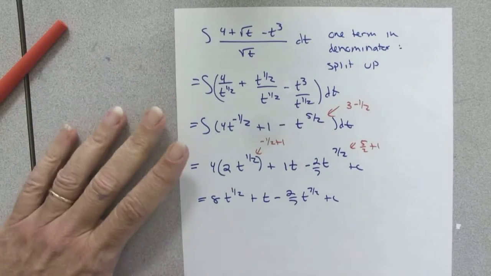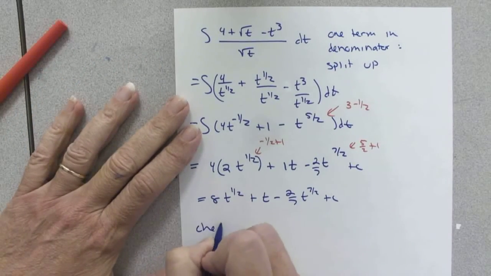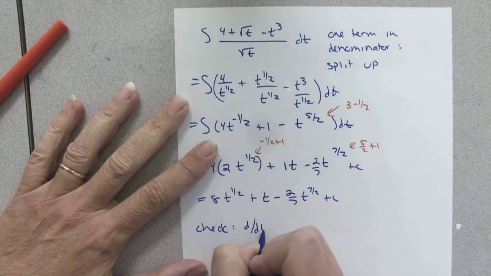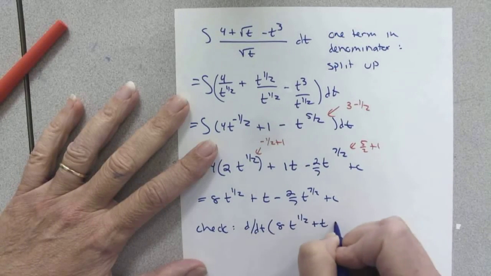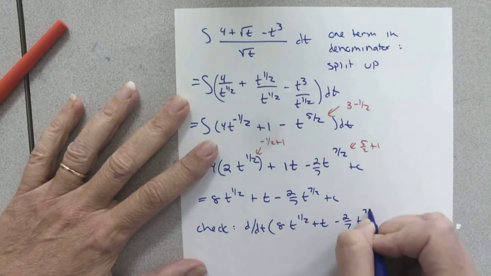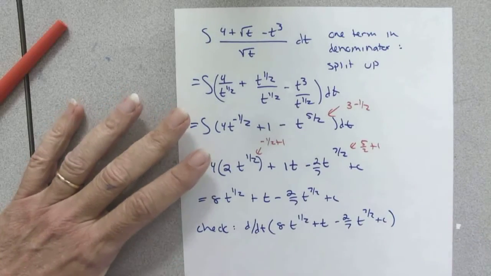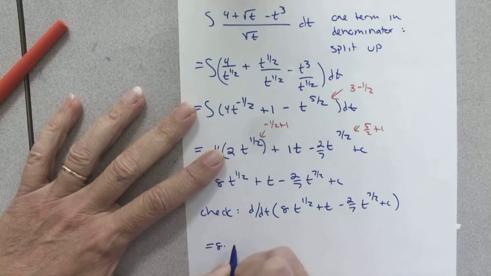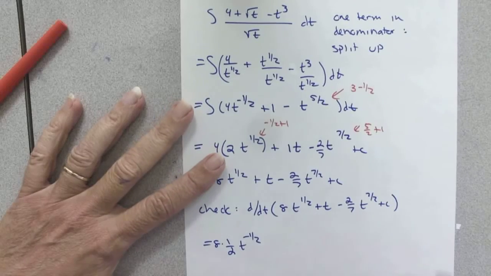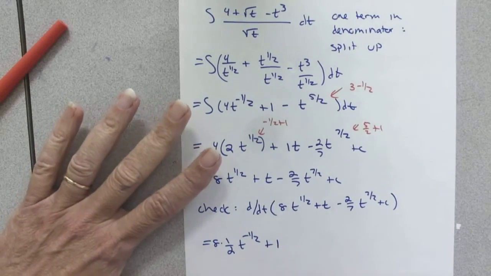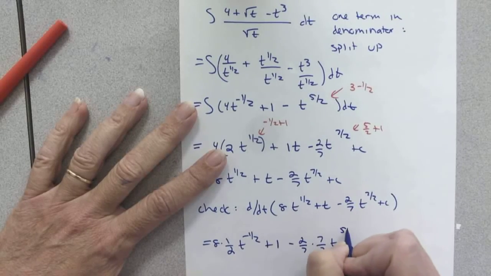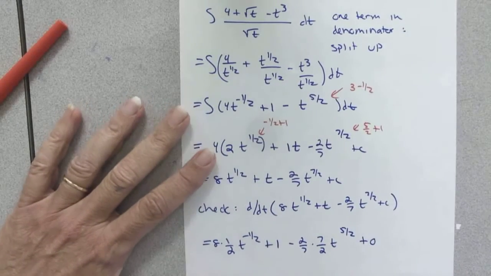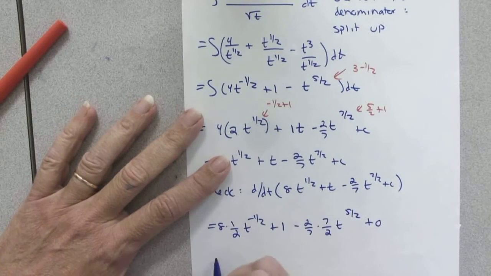Now let's check that. So I've got the space. Differentiating. So multiply by the exponent, decrease the exponent by 1. Derivative of t would be 1. Multiply by the exponent, decrease the exponent by 1. Derivative of plus c would be 0.